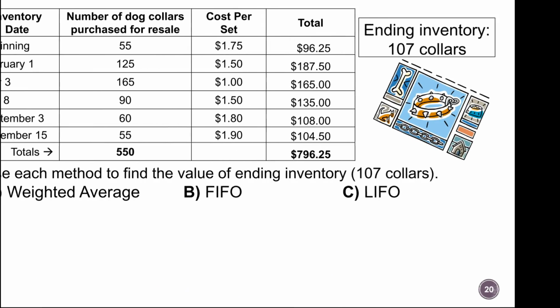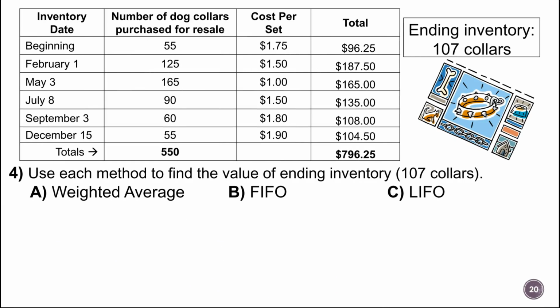So I believe this is our last example. We changed the number of dog collars. I'm going to try to just zip through this one so we can get this one on here. Okay, so 107 dog collars, and we're going to do each method quickly. Now, we already know that the dog collars are $1.45 each. Whoops, I'm still on my circle. That's not working.